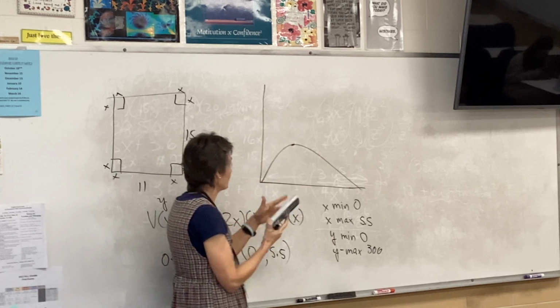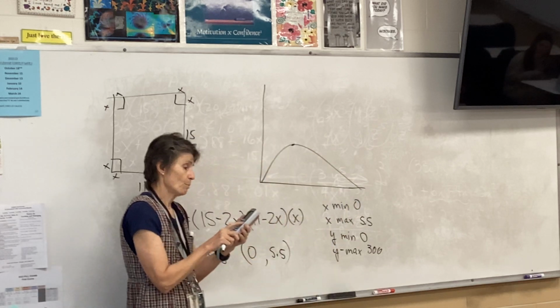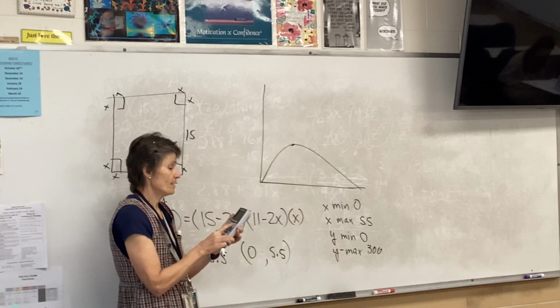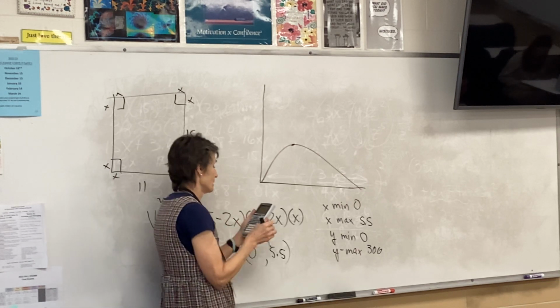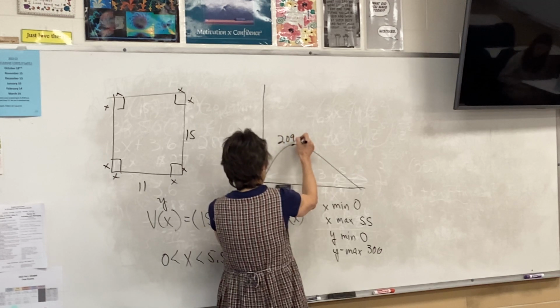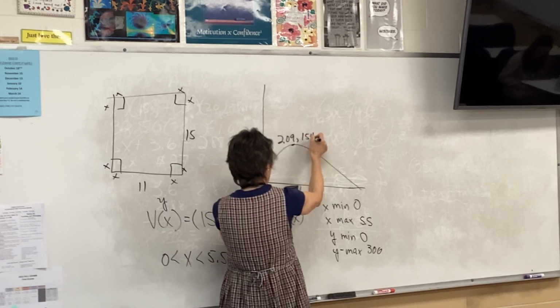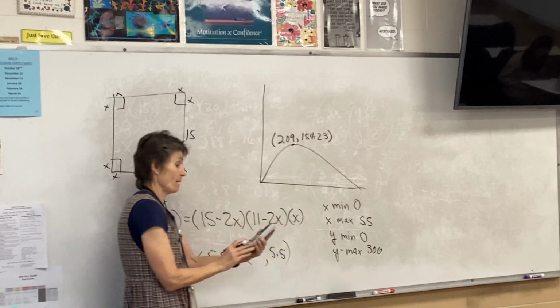And then right bound, we move our cursor somewhere over here, and press enter. And then put it in between. And that is 2.09, comma, 154.23. That's what I got as my maximum.